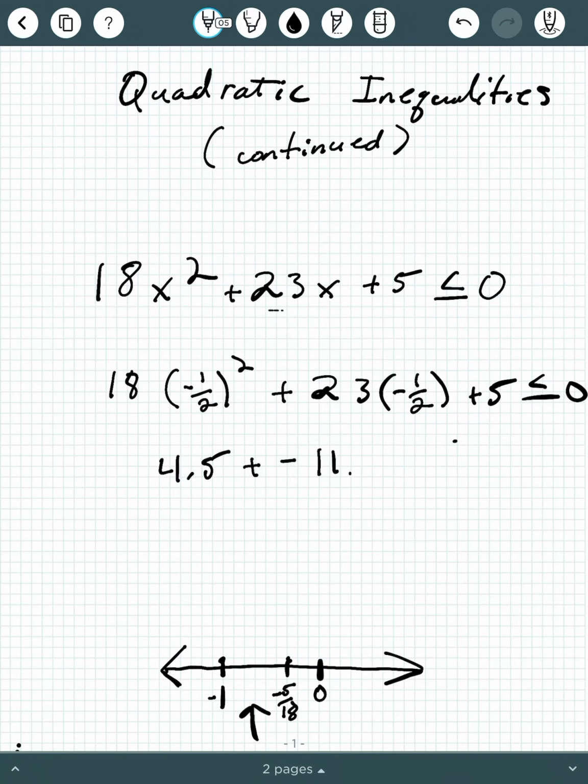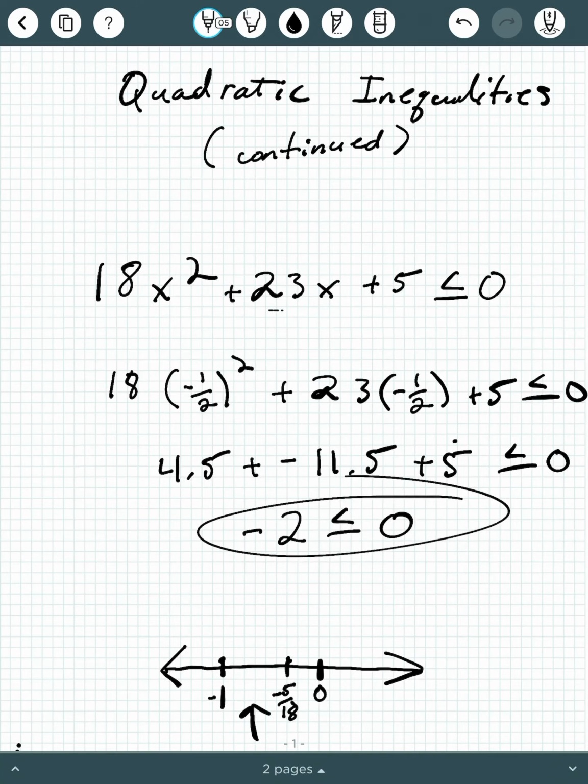Well, half of 23 would be 11.5, and it's got to be negative. Then that'll be added with 5, and that's got to be less than or equal to 0. When we combine like terms here, we'll see that -2 is less than or equal to 0. That is true, meaning where we really put our shading is in between those points.